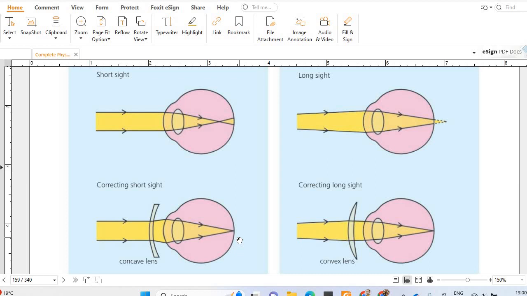Similarly, for long-sightedness, the converging ability of the lens and cornea together is less, so the image is formed behind the retina. On the retina, diffuse light is found, so it's a blurred image. So you use a convex lens, which is a converging lens, to correct it.